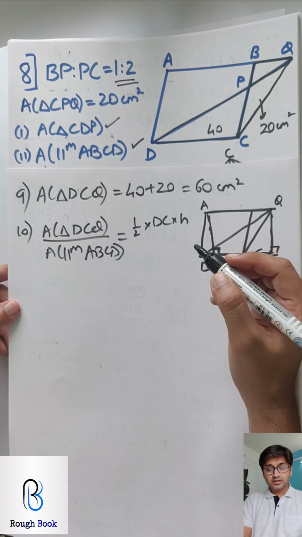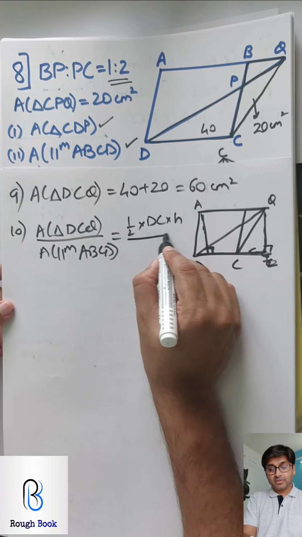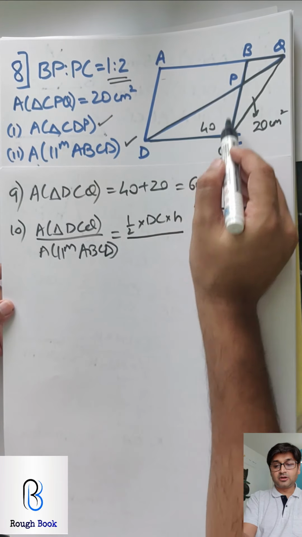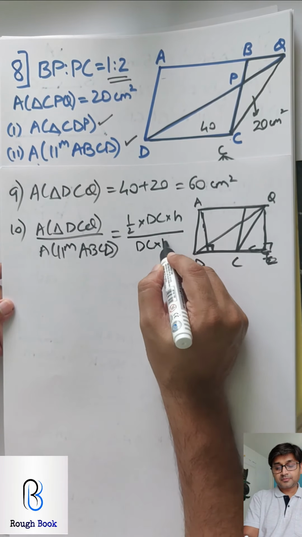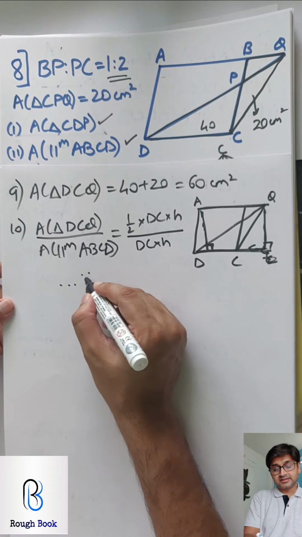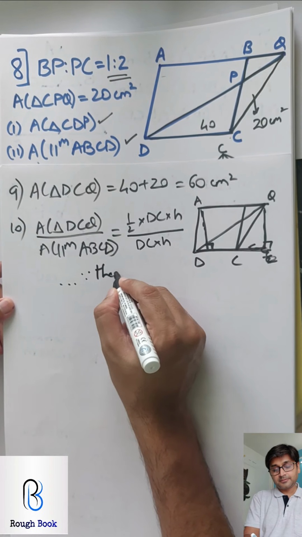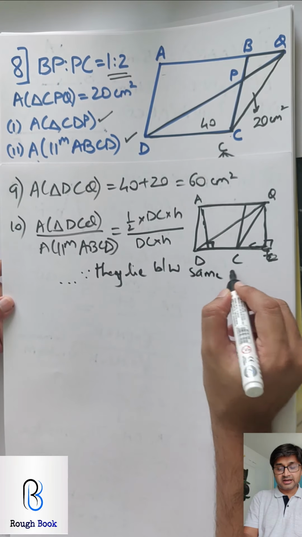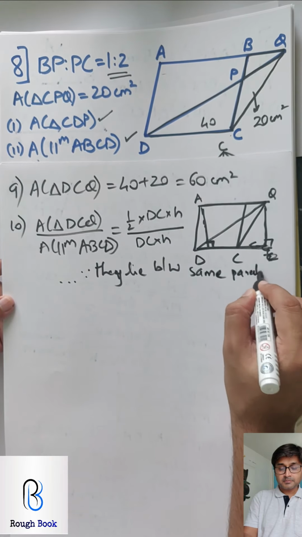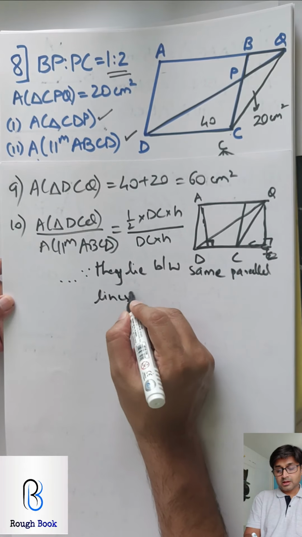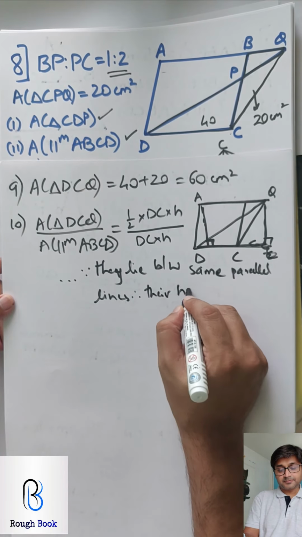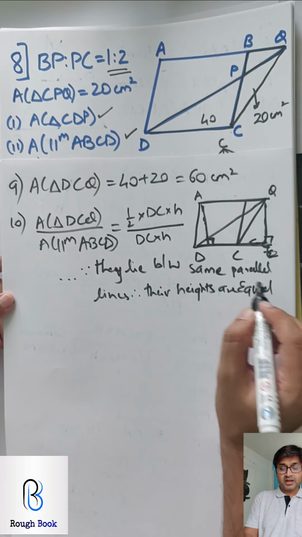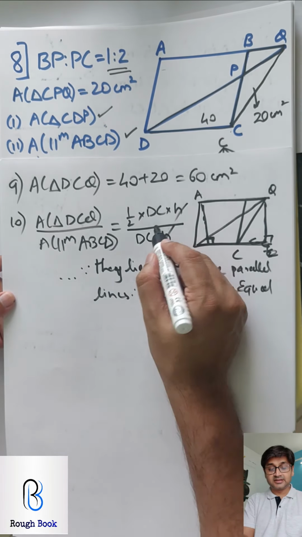DCQ is half base DC into height. Are you getting this? Upon, this is half base into height, and area of parallelogram is base into height. Since they lie between the same parallel lines, their heights are equal, and since their heights are equal, I can cancel it.